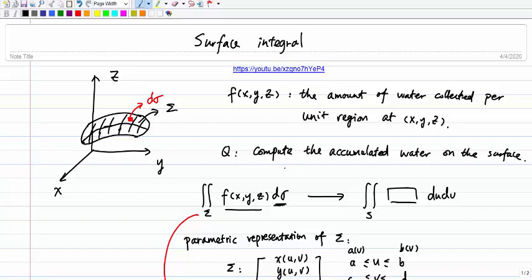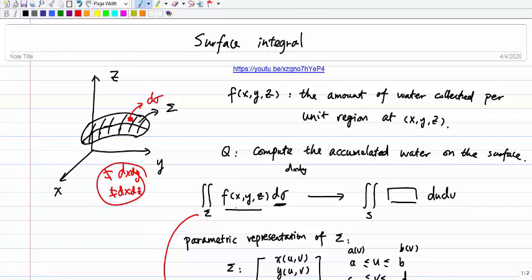Now the key challenge in computing the surface integral is that I have d sigma, which is different from the typical dx dy, because this little piece on the surface, d sigma, is a very small tiny piece over here. It cannot be simply written as dx dy. It's not equal to that. It's not equal to dx dz apparently either. So that doesn't apply.